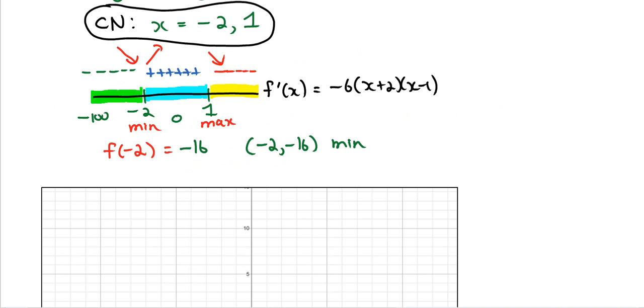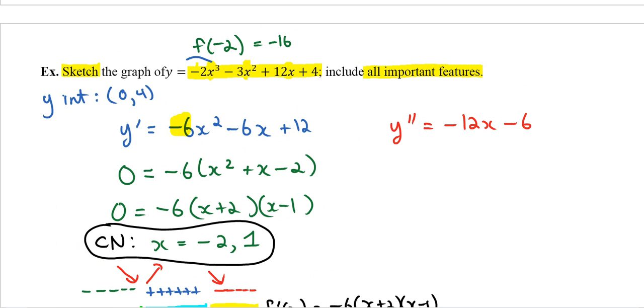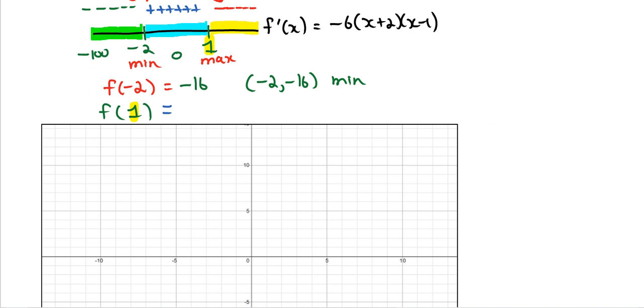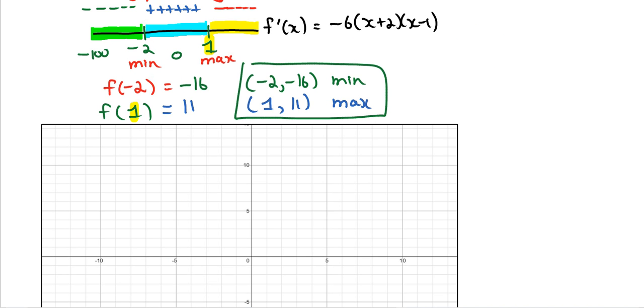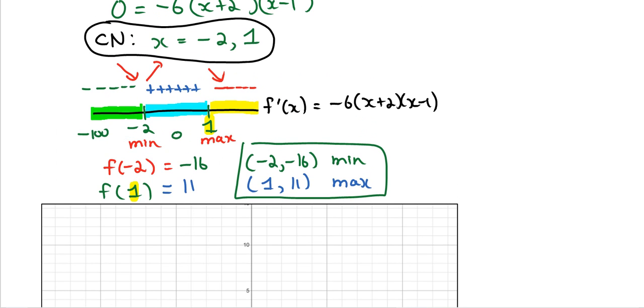And if I evaluate f of 1, so this 1 right here is that critical number, if I plug 1 back into this original equation, if I do the math in my head really quickly, I should get a value of 11. So this would be 1, 11, and this is a max. Okay, so by my first derivative test, I have found my maximum and minimum values. Okay, and that's about it.